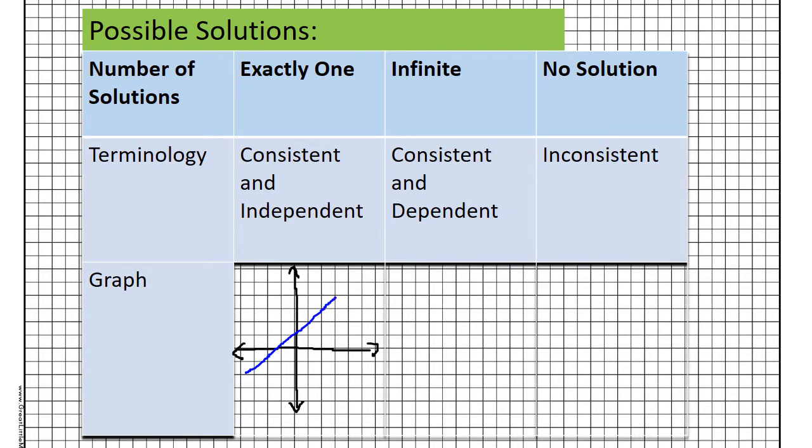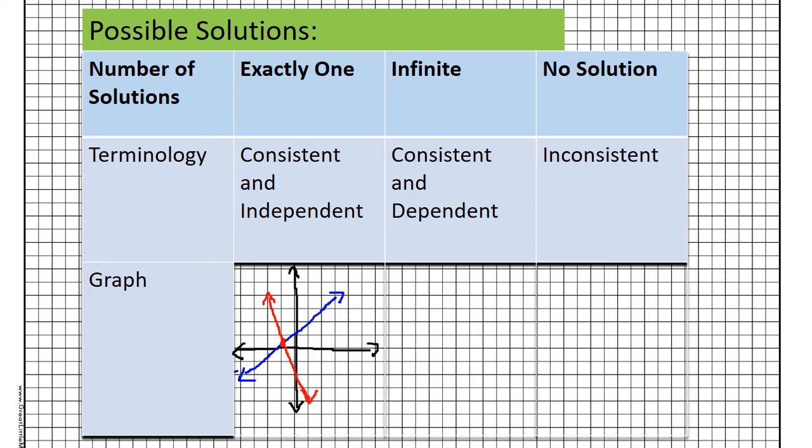And you would have a graph of one line and then another line. And notice that they intersect at one point. So if they have exactly one solution, we call that consistent and independent.